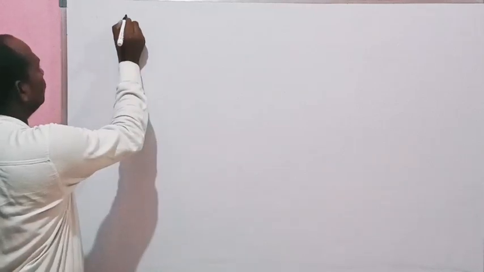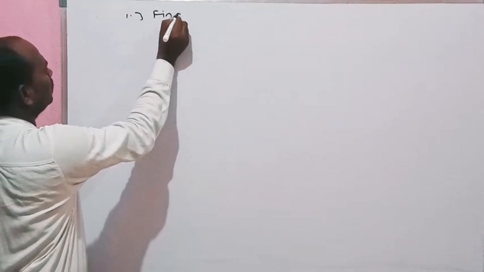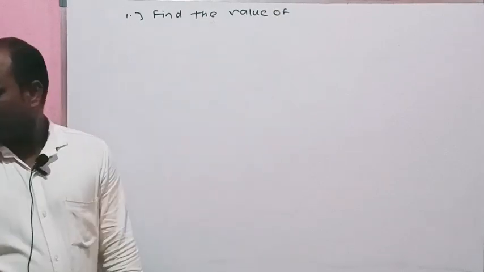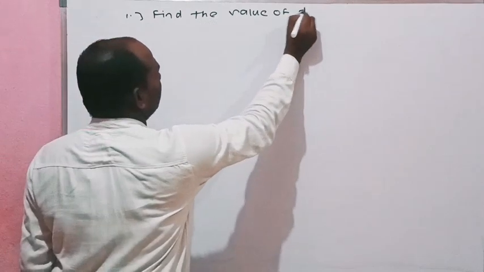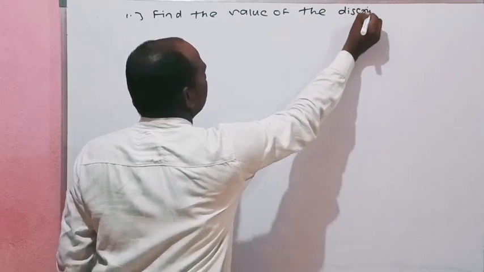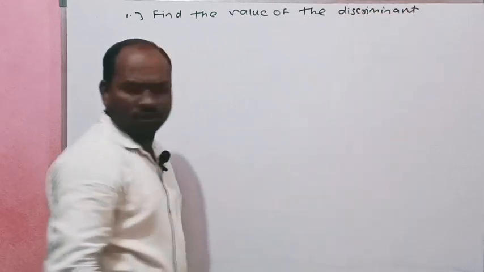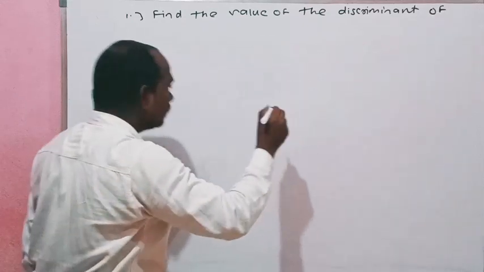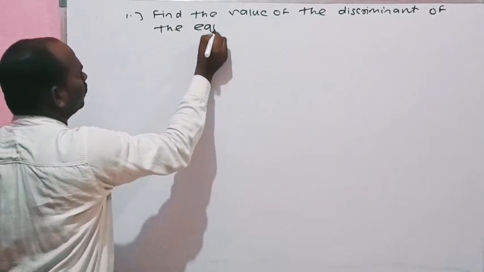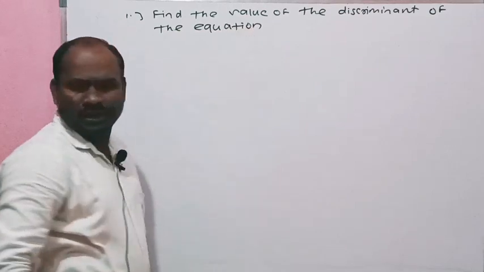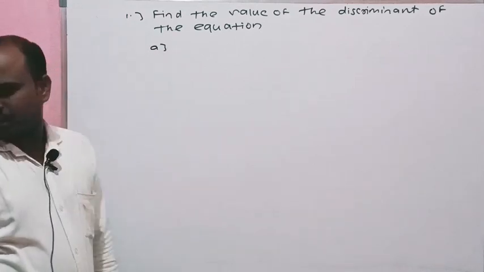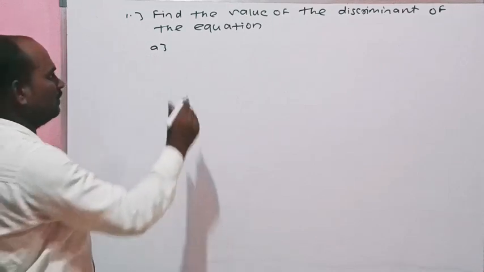Find the value of the discriminant of the equation. Now the first equation is x square plus 10x minus 7.